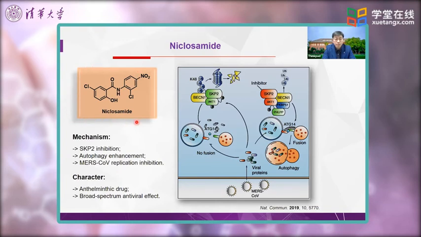Last year, in the journal Nature Communications, a group reported their discovery about the drug mechanism. They found that this drug can inhibit SKP2 and enhance autophagy. Therefore, it can stop MERS coronavirus replication. Then it was proposed that this drug may work as a broad-spectrum antiviral.